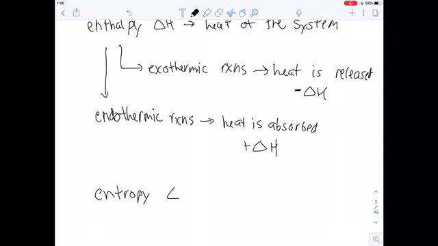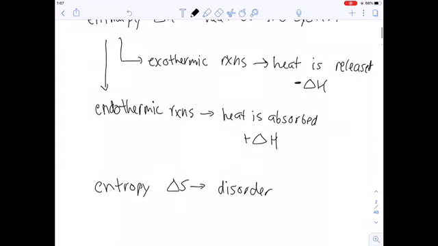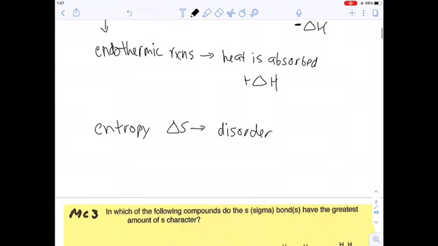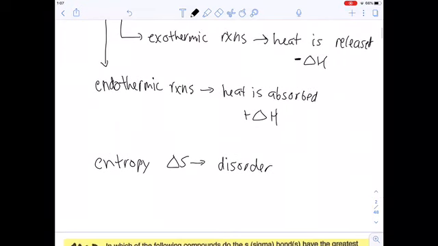Okay? So entropy is represented by delta S, and this is just the disorder of the system, right? So basically, if you start with less molecules and go to more molecules, that's an example of increase in entropy. So if heat is, not talking about heat anymore.